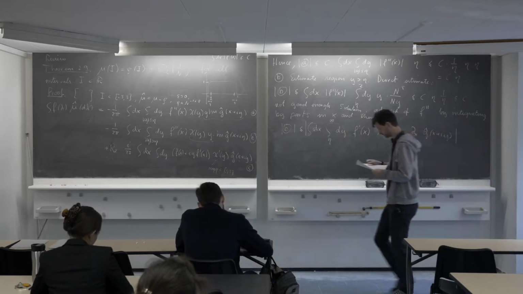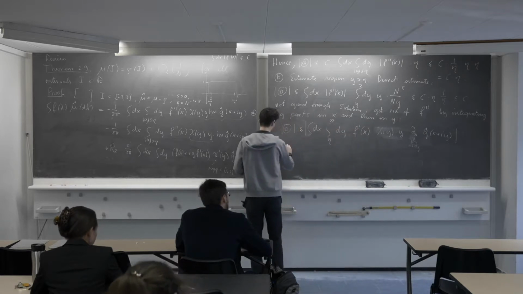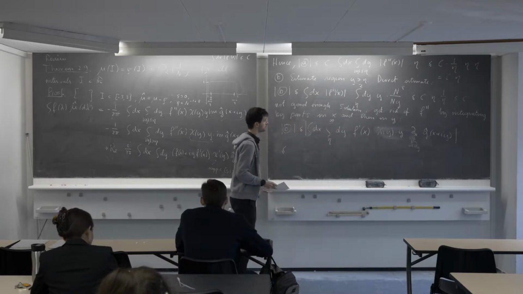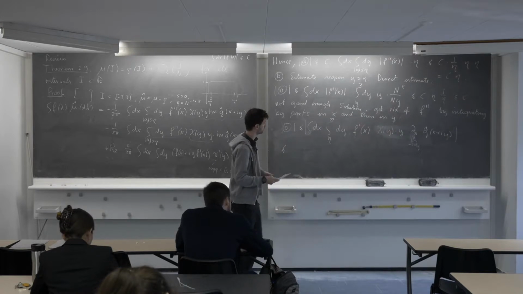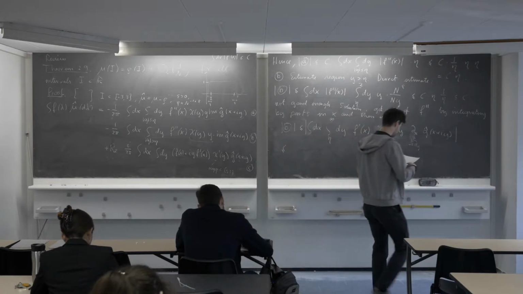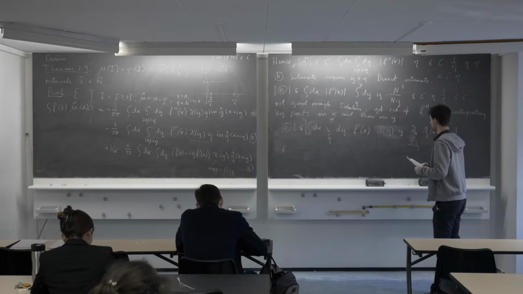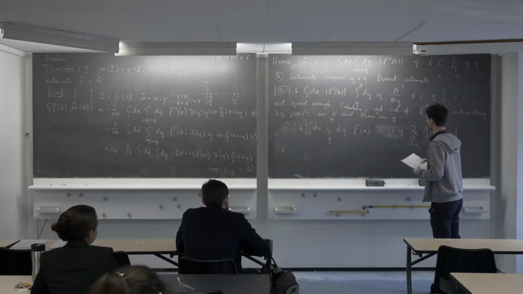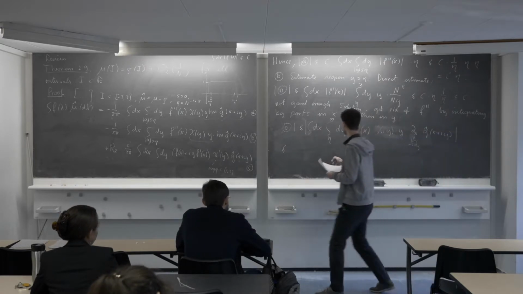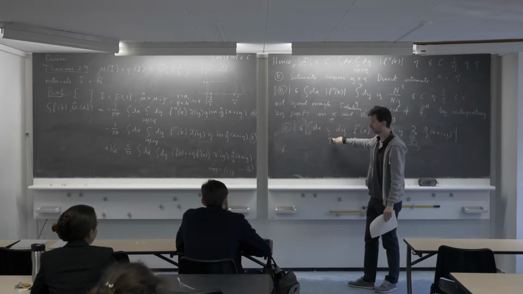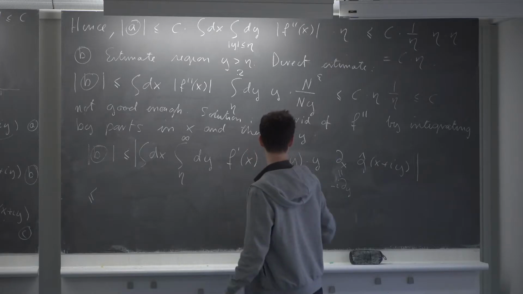So this was the first integration by parts, and now I do another integration by parts. I will get three terms. One is the boundary term, that's the term when y is equal to eta.